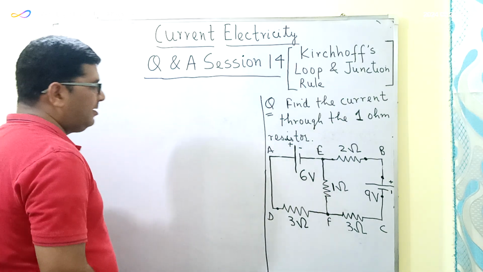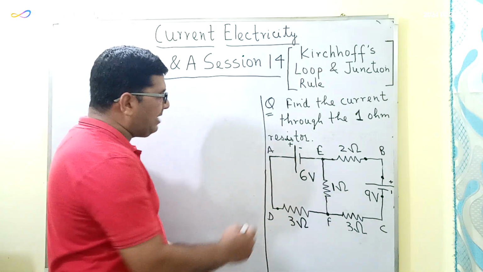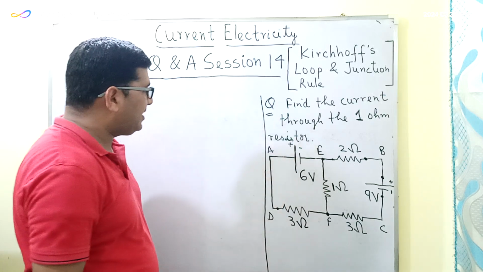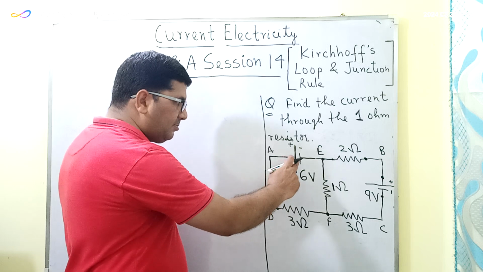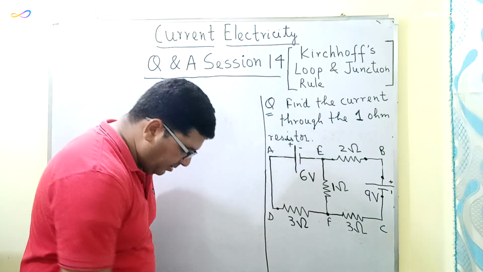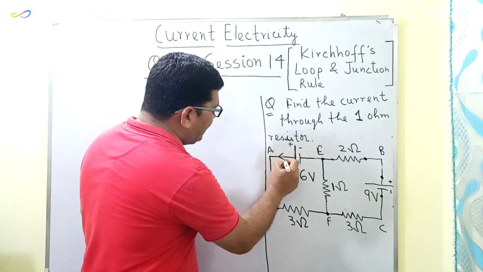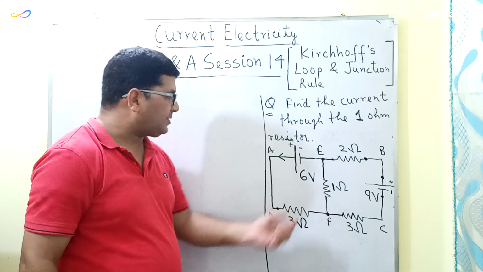So in this question, I will be taking the direction of flow of the current randomly, and to start with, let us consider that the current is flowing in this direction through this EMF source.